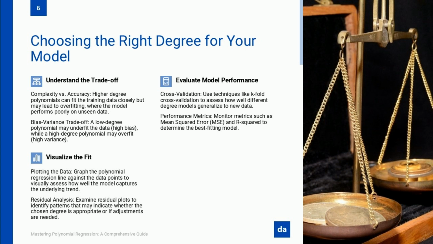This provides a more reliable estimate of the model's ability to perform on unseen data and helps identify the degree that achieves the best balance between accuracy and generalization. If the model performs well on training data but poorly on validation data, it is likely overfitting, and reducing the degree may improve performance. Another useful approach is to analyze performance metrics such as mean squared error and R-squared.